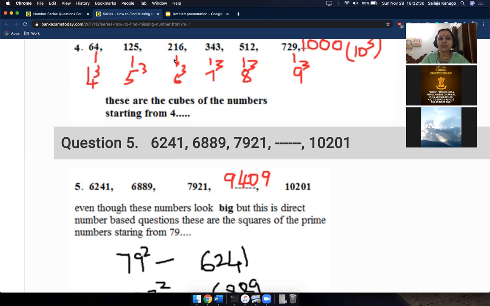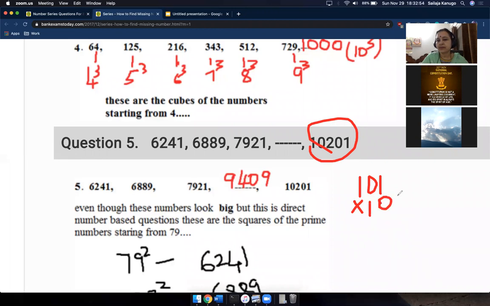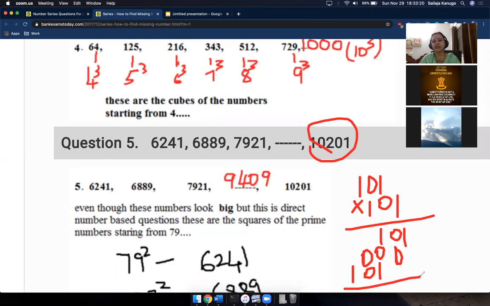Now by looking at them, this is very close to 10,000. So let us try 101 into 101, because that's a number which you can easily understand. It is 10,201.